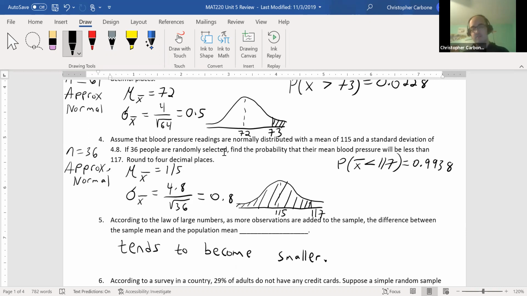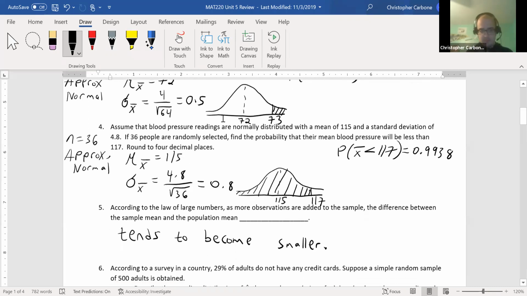That's due to the fact that as the sample size increases, the standard error is going to start shrinking the more samples that we have, which will then cause our probabilities to be impacted by that as well.